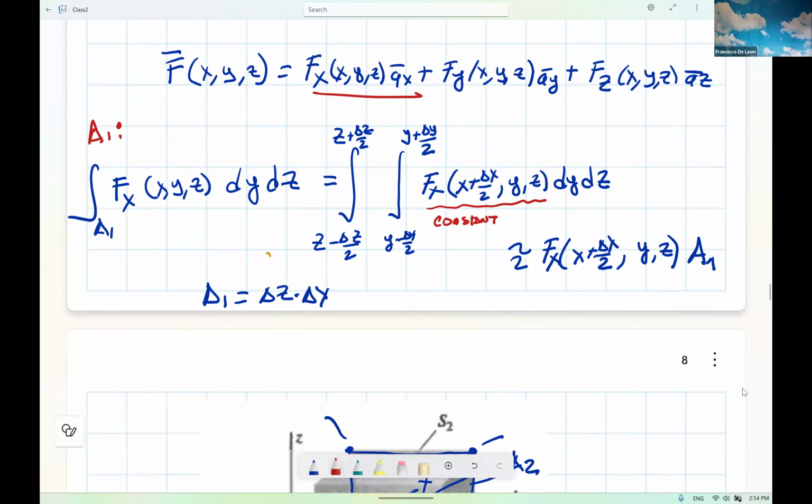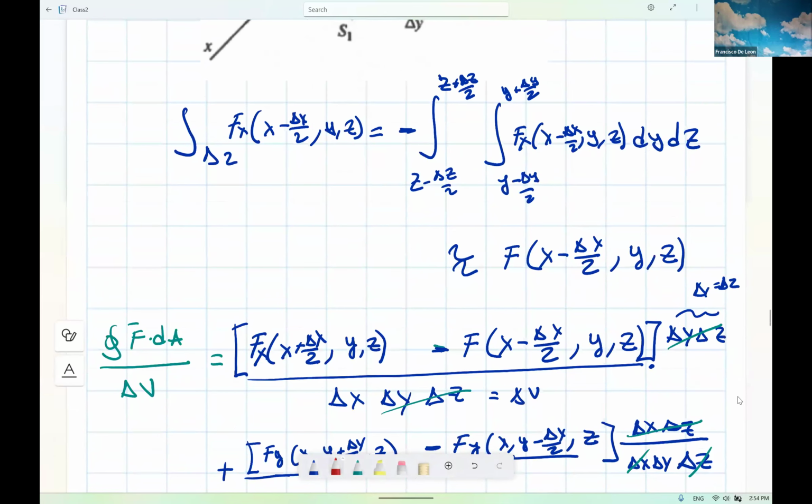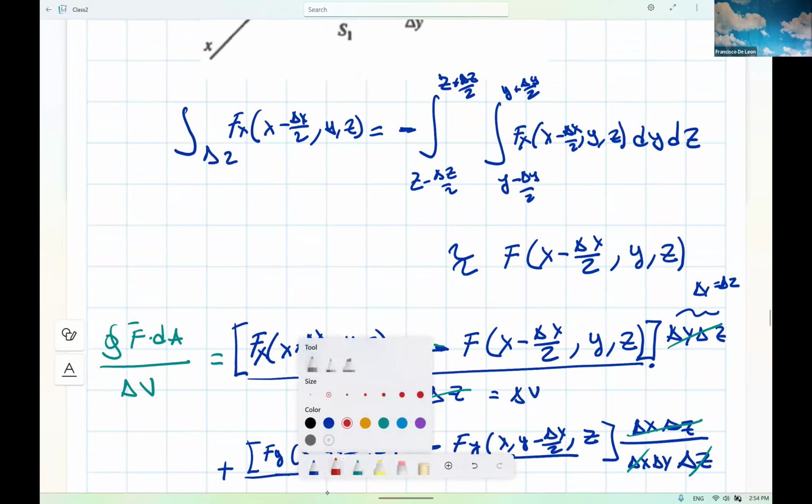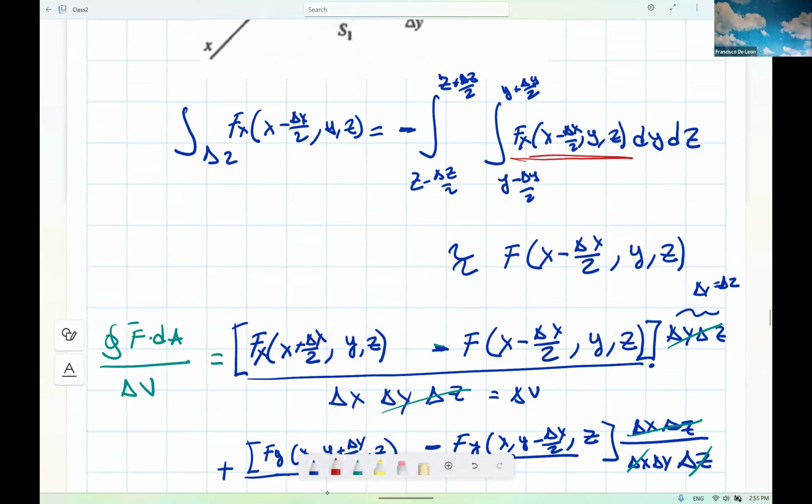So I'm doing this integral. The step that is not absolutely mathematically correct is, this is a function, right? And I am saying that value is constant. And then I don't need to do the integration as such.